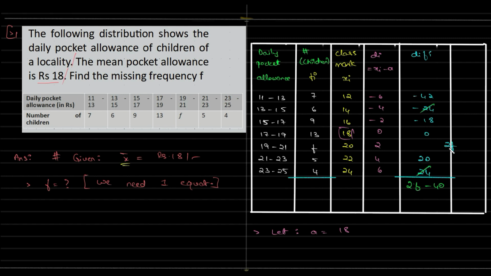Even though I wrote it aside, it would have been quite visible if not for the line. Now the sum of fi happens to be 44 plus f, right? Don't forget f. Put it in a box so that we don't forget it. I think we'll start doing that. One more step to see that we don't miss f, put it in a box.